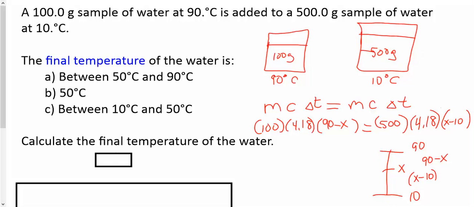Now we have those expressions. All we have to do is solve for X. And when you solve for X, you'll find that X equals 23 degrees. So the correct answer would be between 10 and.